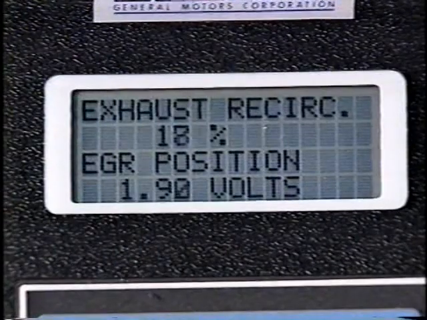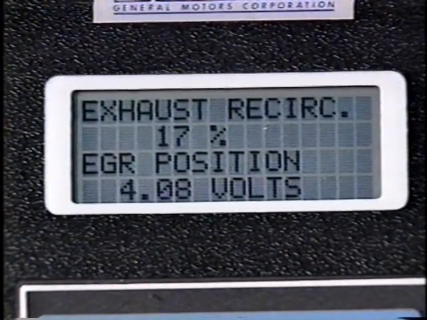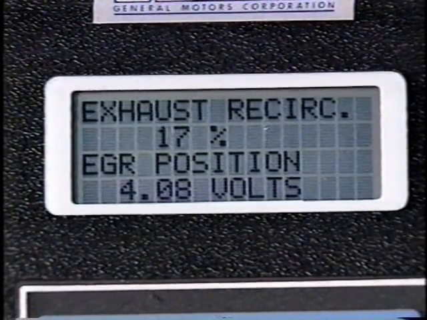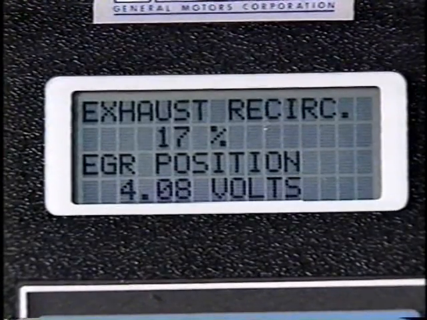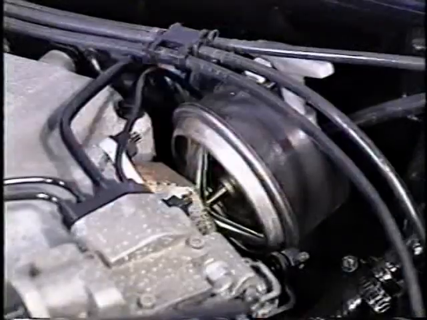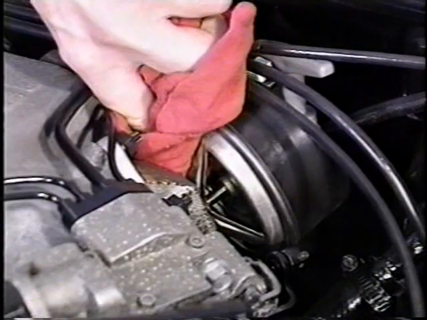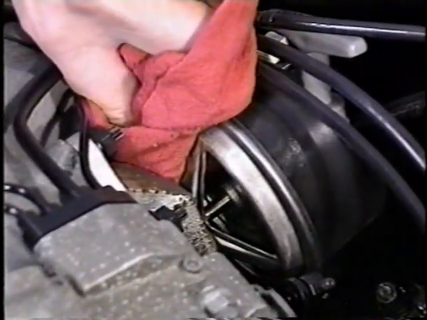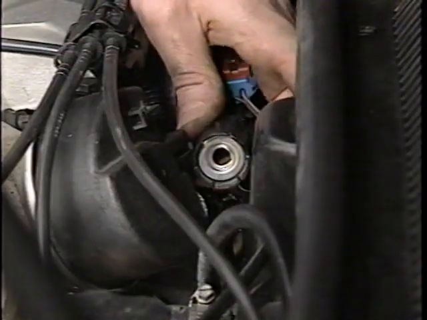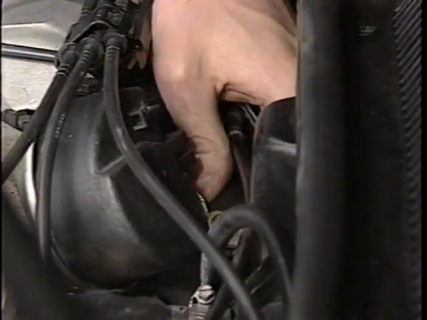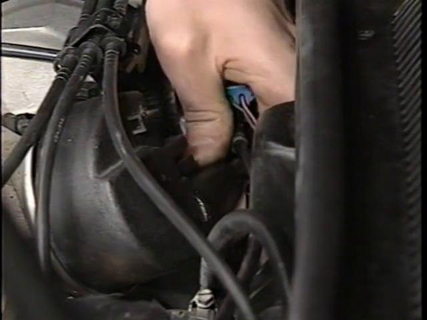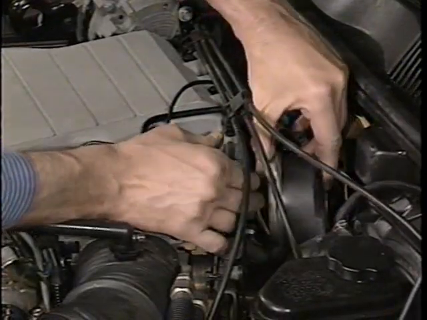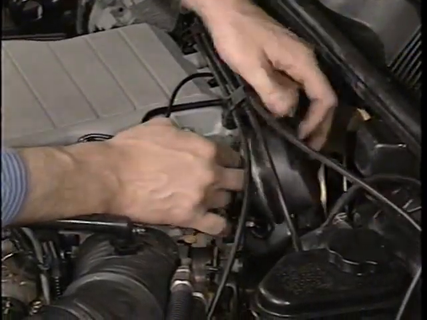If the EGR position voltage changes with a 0 to 23% duty cycle on these vehicles and the EGR filter is already removed, slightly accelerate the engine again while touching your finger to the EGR valve diaphragm plate. If the diaphragm does not move, reinstall or replace the EGR filter. If the diaphragm moves, replace the EGR valve.